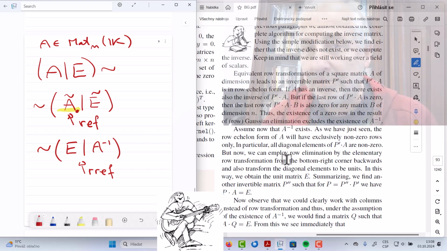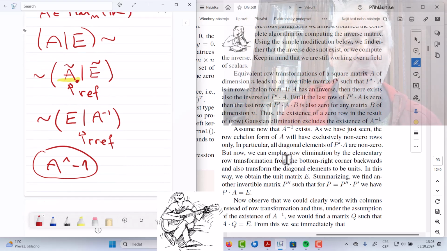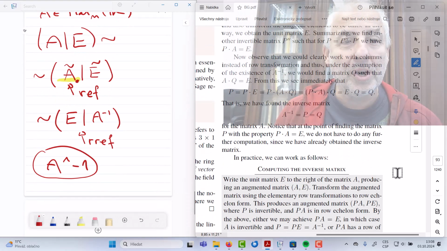Of course, who cares, right? Because you can just take A and write simply A^-1 in Sage, and you get the inverse, or you get the message that it doesn't exist, right? But we now want to understand it a little bit, so why not go through in more detail.